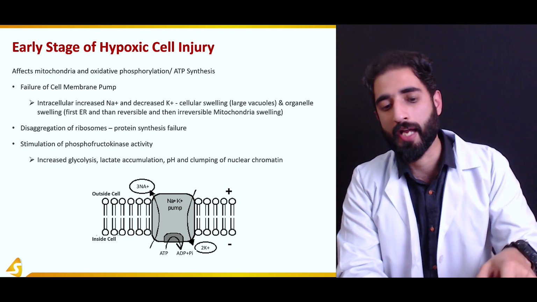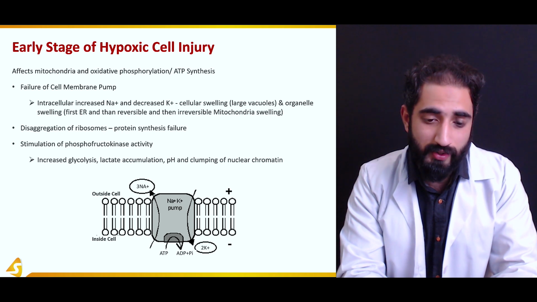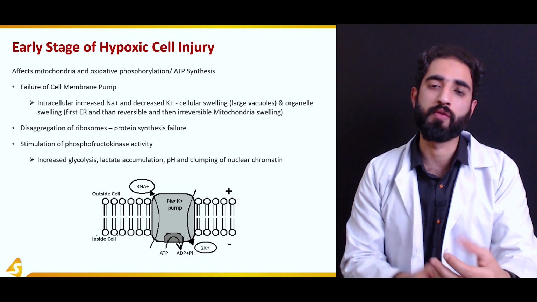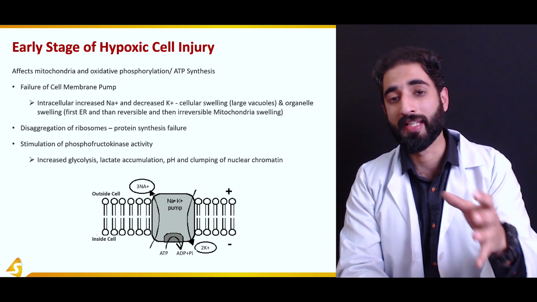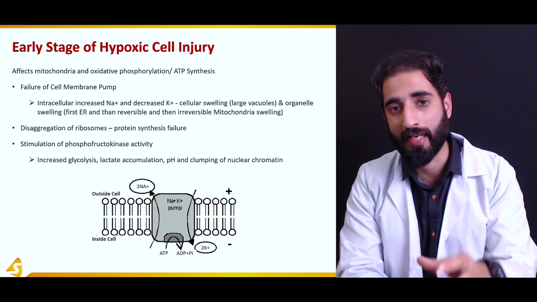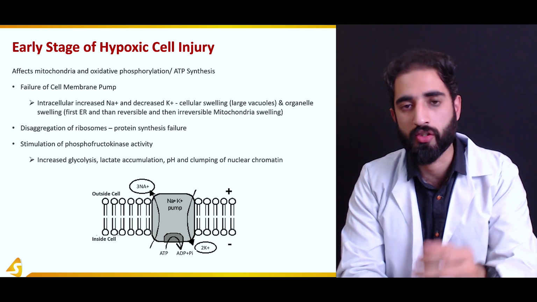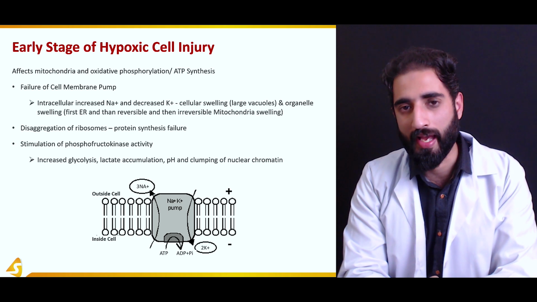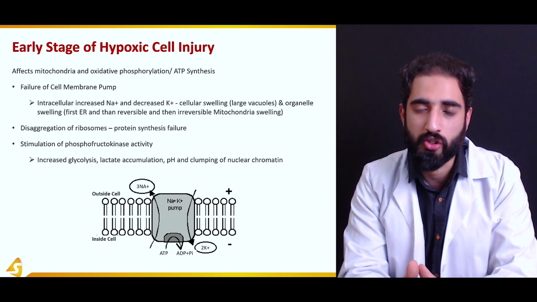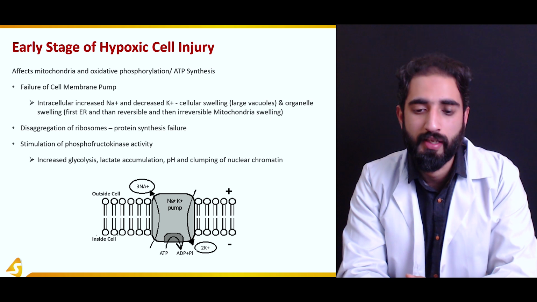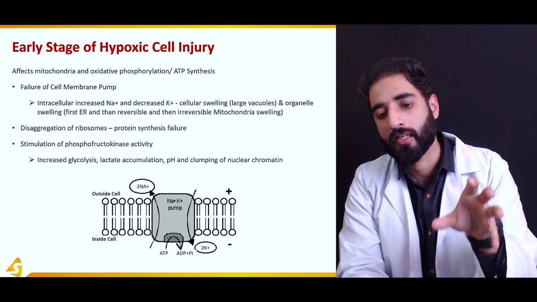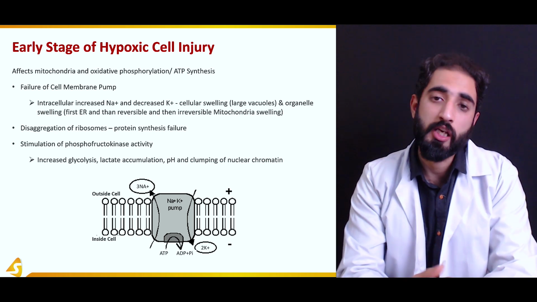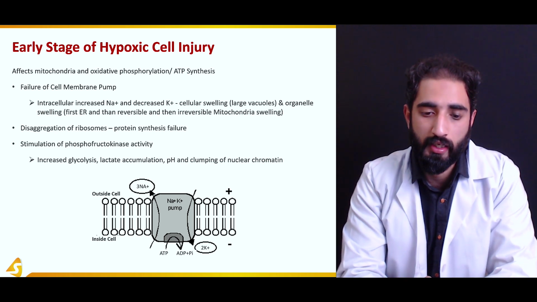So increased glycolysis occurs, and as we know, lactate is the end product of glycolysis, that results in the accumulation of lactate. As lactate is acidic in nature, it results in a decreased pH of the cell, and a change in the pH environment then results in the clumping of the nuclear chromatin. So these are a few of the early stage manifestations of hypoxic cell injury.